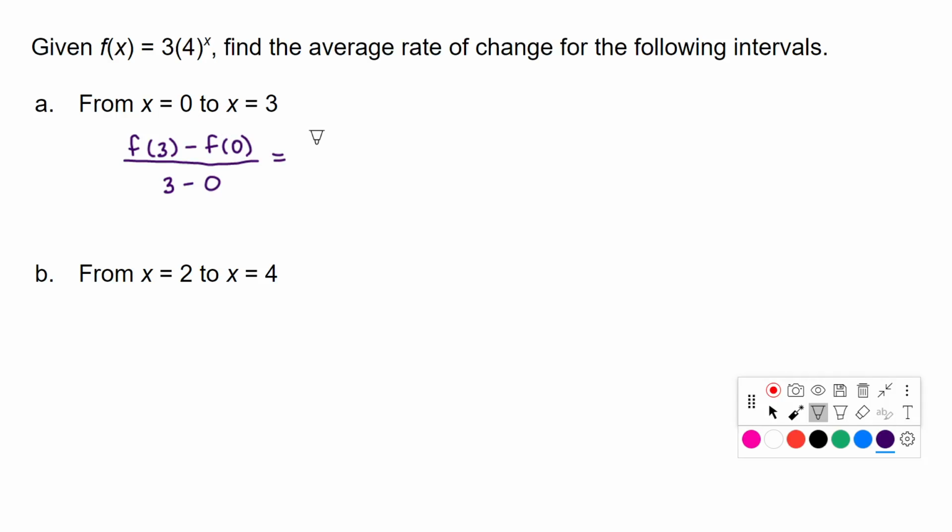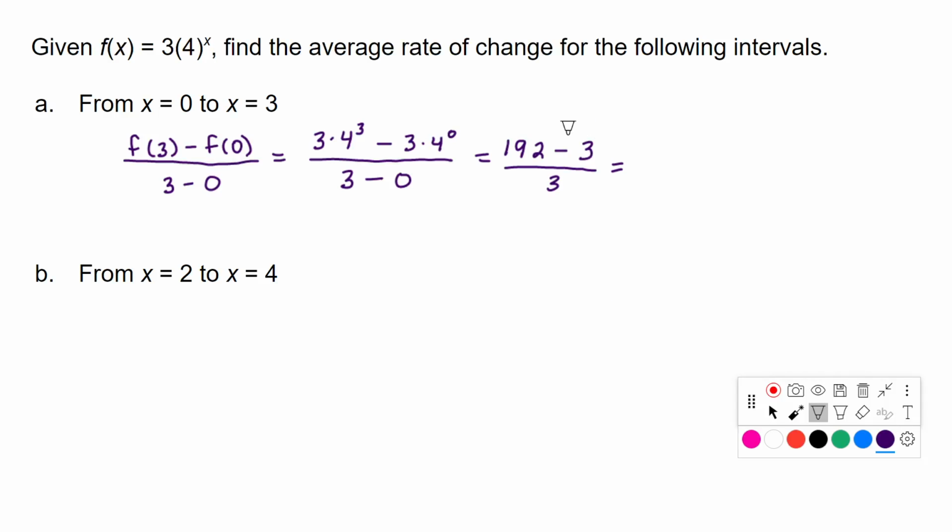So the value of f of 3 is found by taking 3 times 4 to the third. And we're going to subtract 3 times 4 to the 0 power. And that is all over 3 subtract 0. So 3 times 4 to the third power is 192. 3 times 4 to the 0 power is 3, and we're going to divide this by 3.